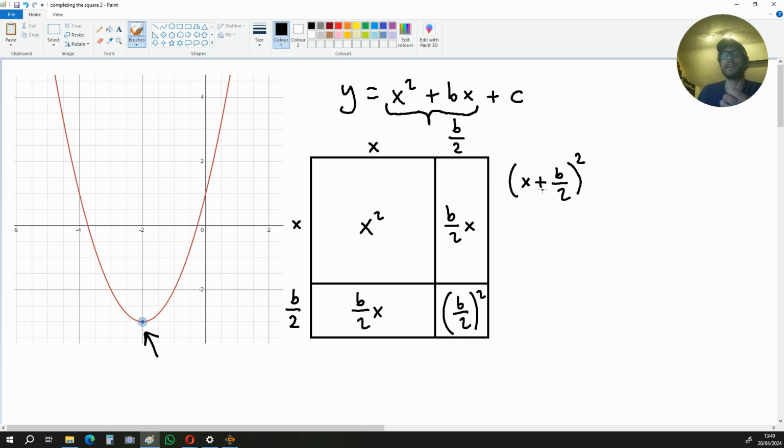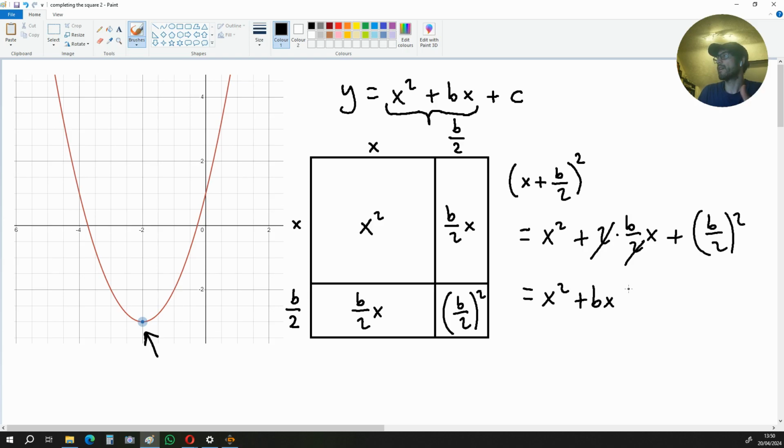So this area is made up of other smaller components or parts, and that is going to be equal to x squared plus 2 times b over 2 times x plus b over 2 squared. This is the same as x squared plus bx plus b over 2 squared, because 2 times b over 2 times x is simply bx.